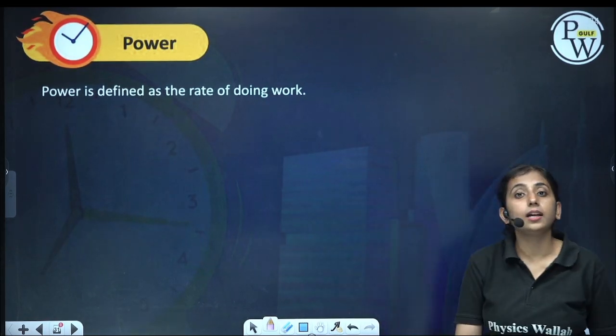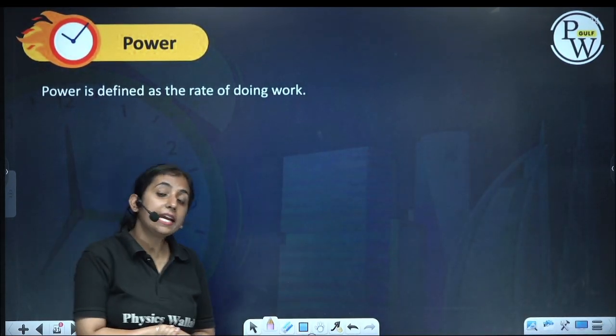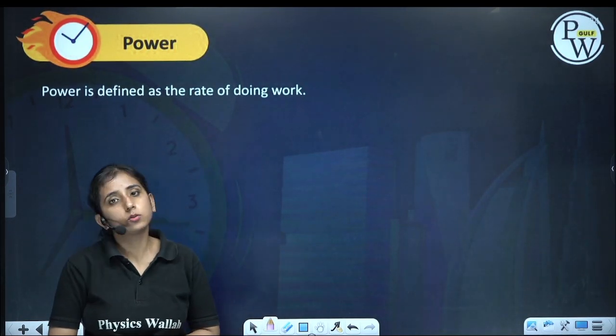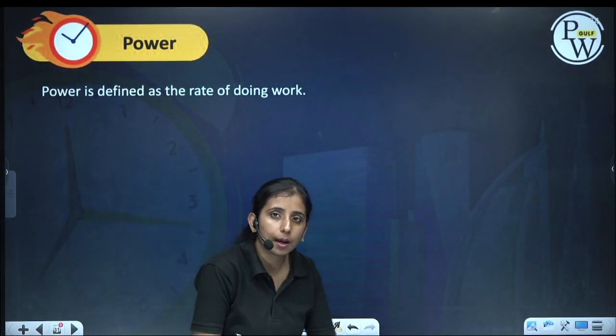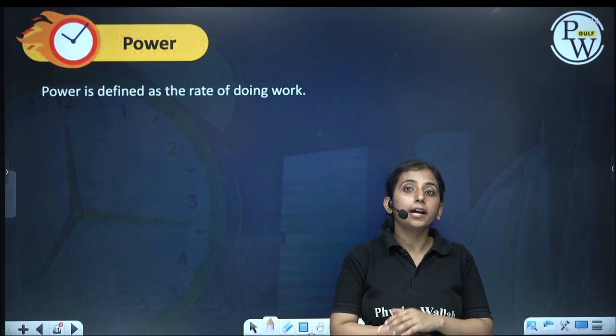Now let us see power. What is power? Suppose A is also doing some work, B is also doing some work. A is lifting some object, B is also lifting the object to the same height.